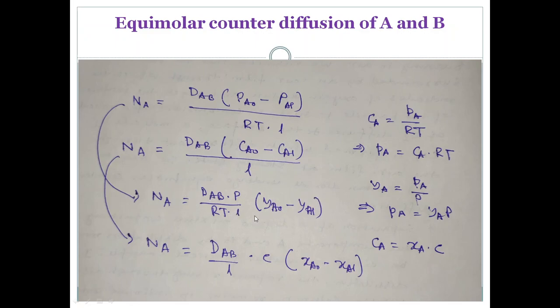Here my driving force is in terms of mole fraction in the gas phase. Now if I take Ca equal to XA into C, this will be my flux in terms of mole fraction as driving force, but this is applicable for the liquid phase.